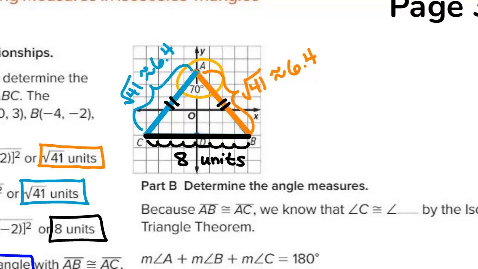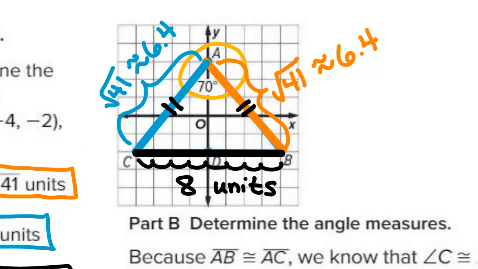An isosceles triangle has two congruent sides, and so it has two congruent angles. Which angles would be my congruent angles here? The bottom ones. I'm going to take this side right here, follow it across to the angle it is across from. That would be this angle right here.